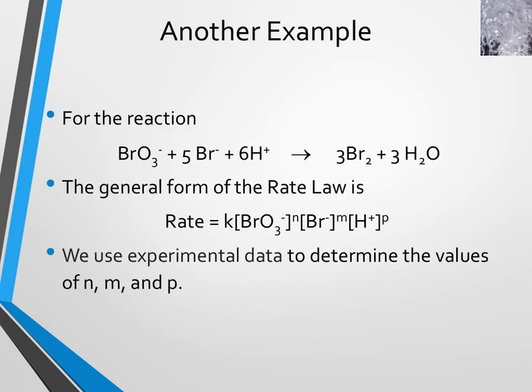So here's another example that I want you to try on your own. This is probably the first type of problem that we've run into in kinetics that you need to be able to solve. So give this a try on your own. Again, here's the generic form of the rate law. You need to investigate the effect of the concentration of every reactant on the rate.